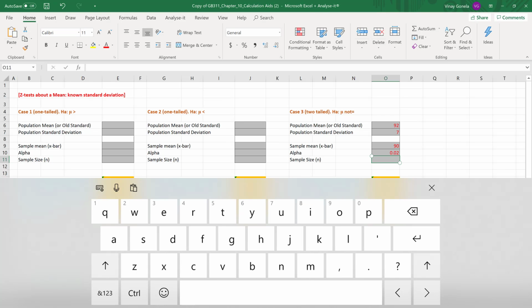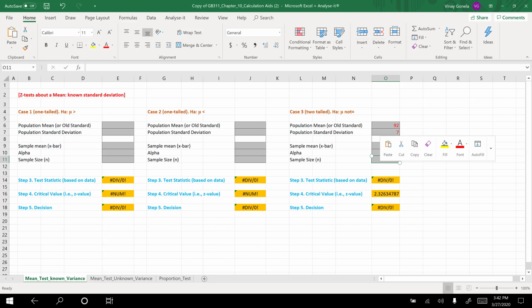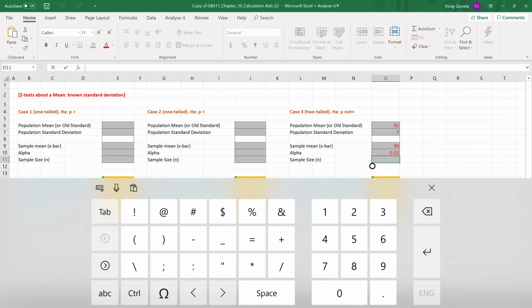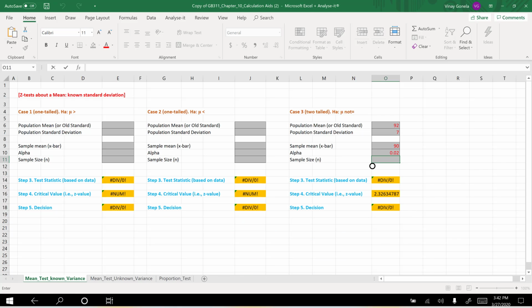And the sample size, let me see what is the sample size.